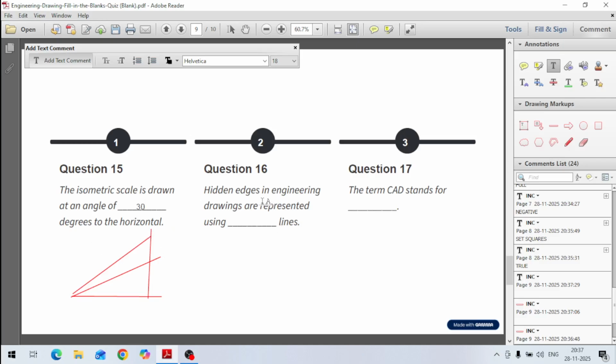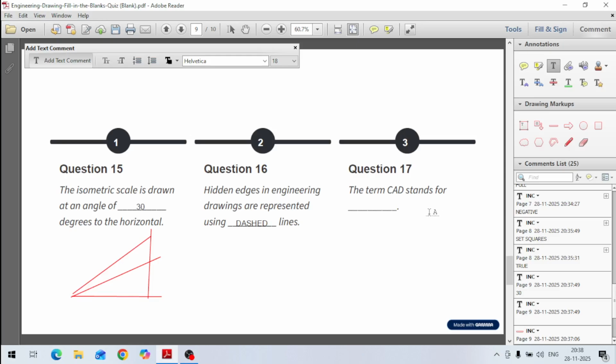Okay. Hidden edges in engineering drawing are represented using which lines? Dashed line. D-A-S-H-E-D, dashed line. Okay. Term CAD stands for what?